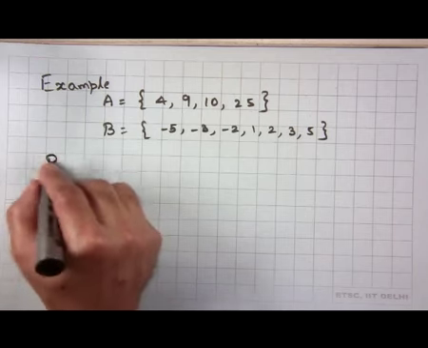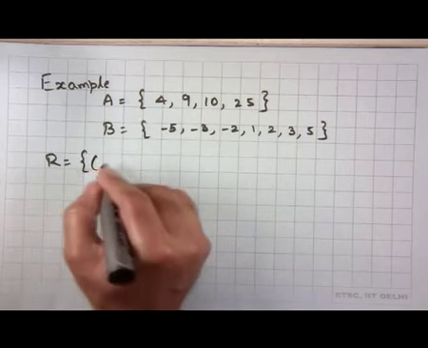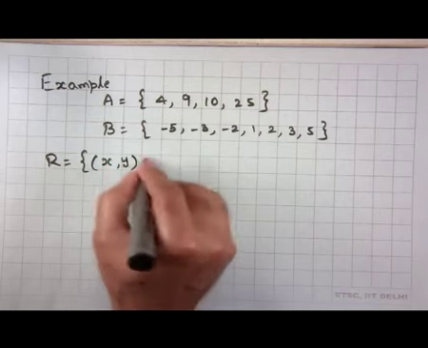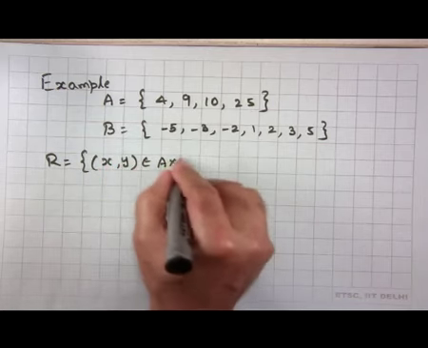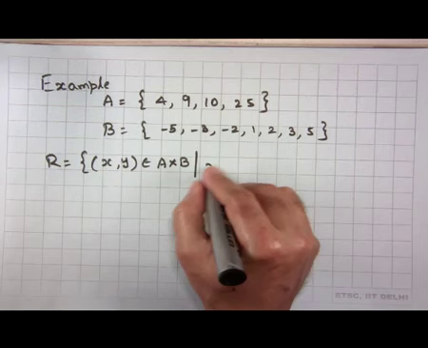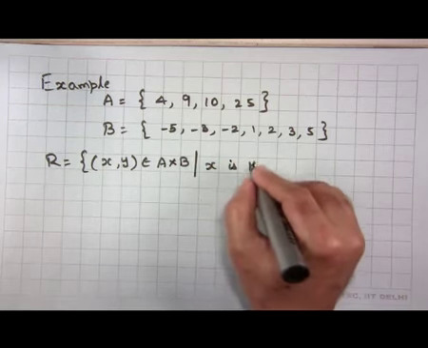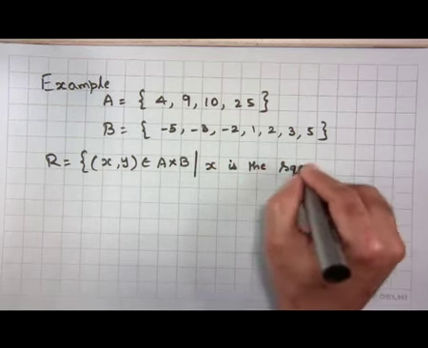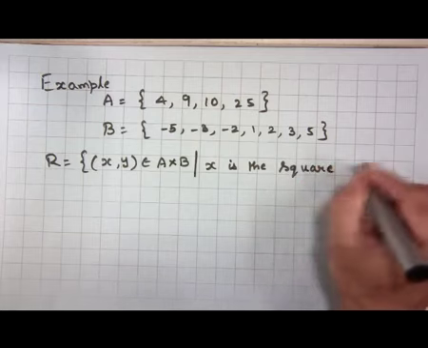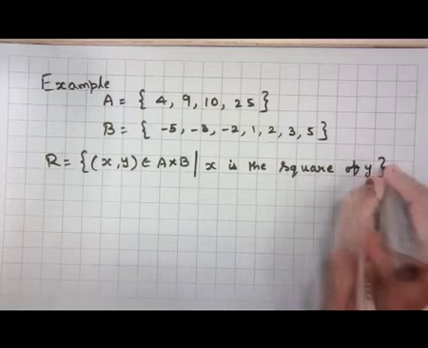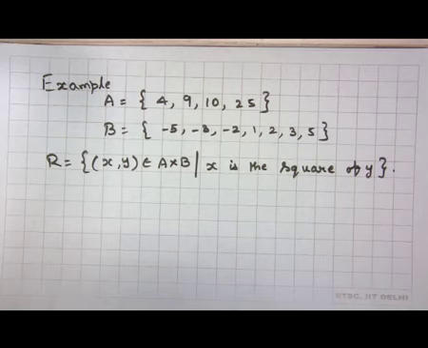Now, let me define R as all those ordered pairs x comma y in A cross B with the condition that x is the square of y or y square is x, that is what we want.